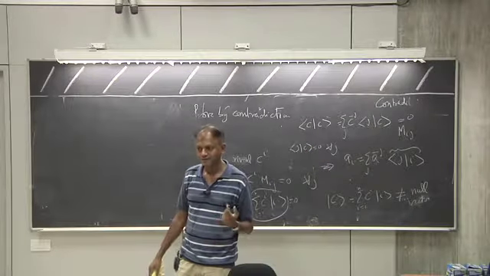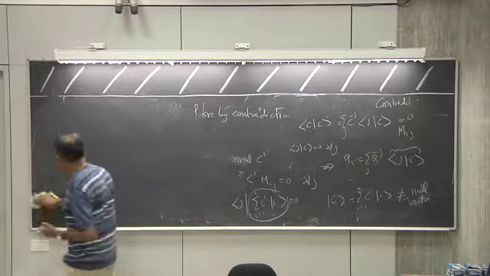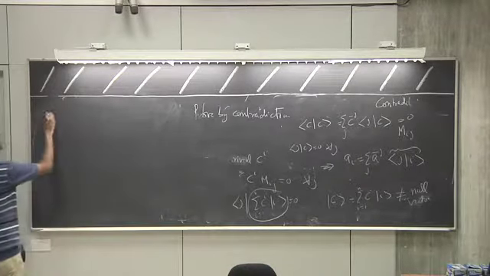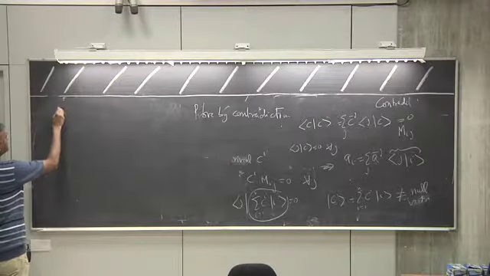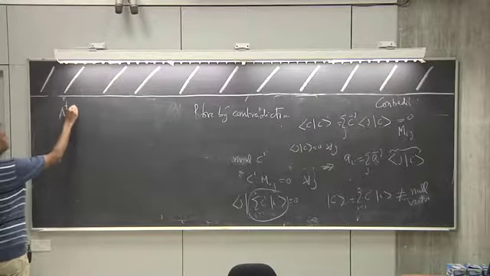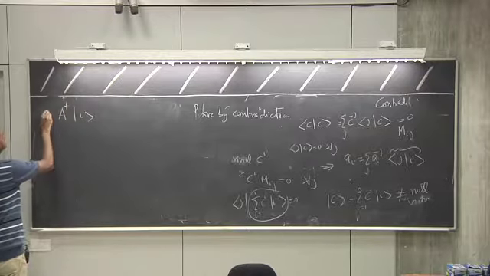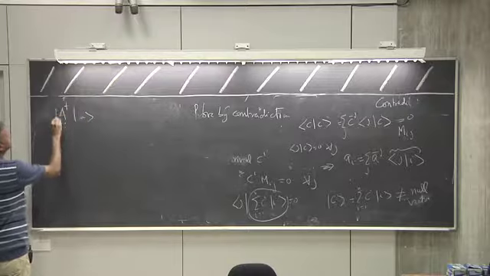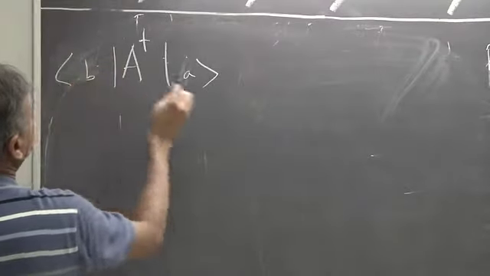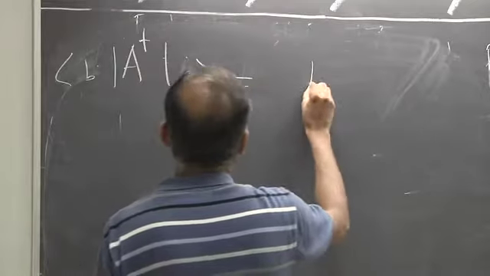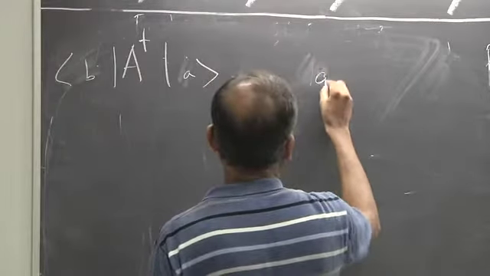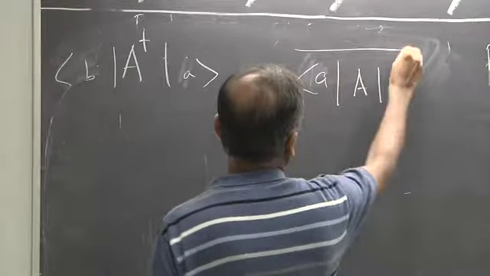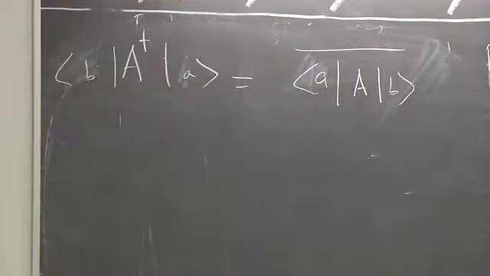It turns out it's much easier. Just to indicate why that is the case, let's look at the definition of the adjoint. Adjoint was defined like the following: for arbitrary a, b, the inner product of a dagger a with b was equal to the inner product of a with A b, complex conjugated. This was the definition of the adjoint operator.